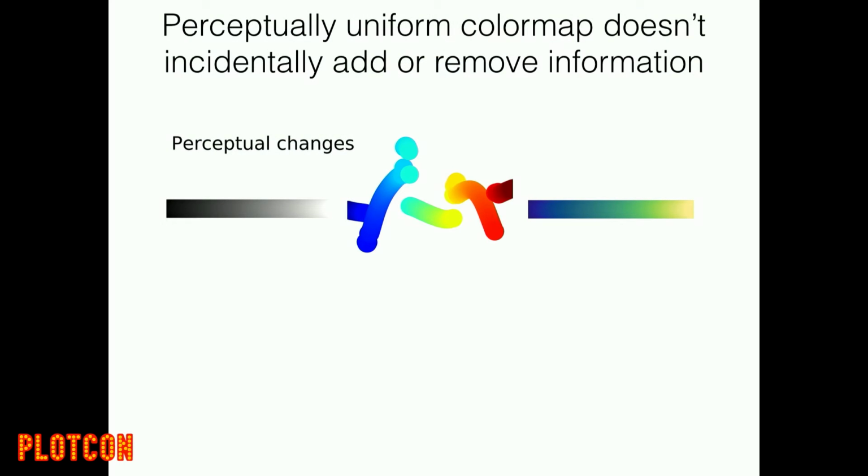Okay, so here is a metric to look at perceptual uniformity. Generally a perceptually uniform color map will not incidentally add or remove information. We may purposefully want to do that, but it won't just accidentally stick it in there. The metric that I'm using for this is perceptual changes. This is the derivative of the color map through this perceptually uniform color space.